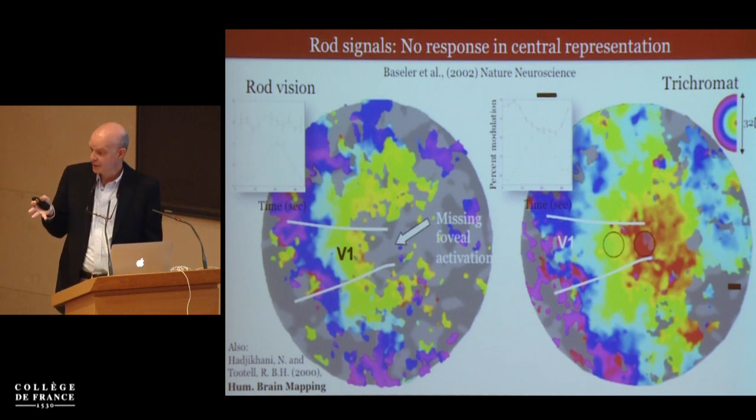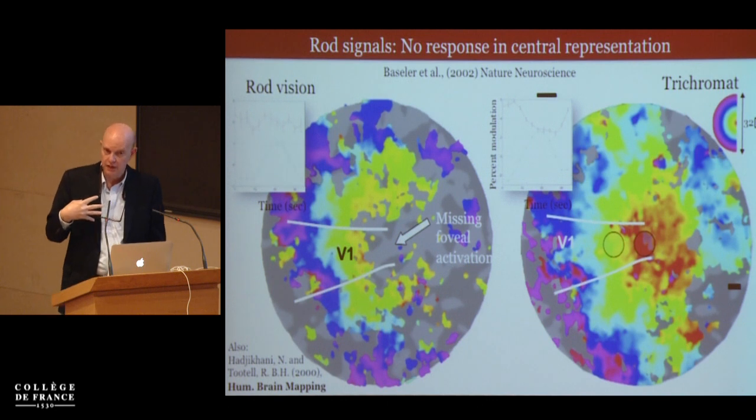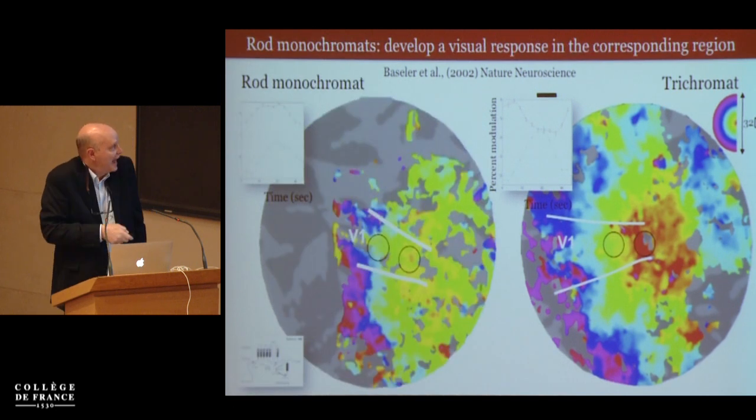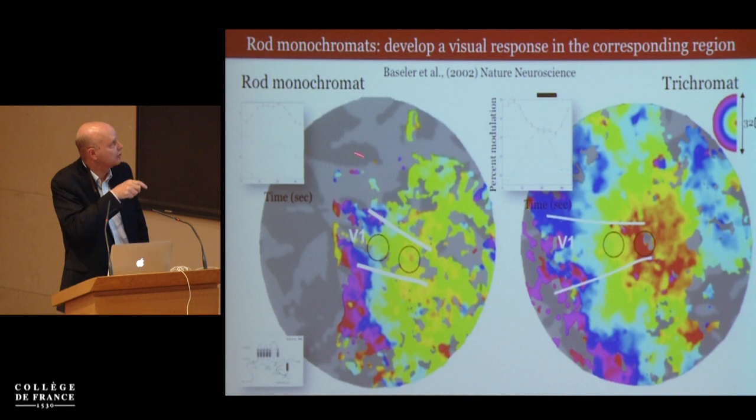And we were wondering, for people who are congenital rod monochromats, what happens? Are they just carrying this piece of cortex around? It's like an extra weight that they take, and it doesn't do anything, or does it get repurposed? And so we could do that experiment, and here is a rod monochromat who came into our lab. There you can see that, in fact, this corresponding piece of cortex is quite active.